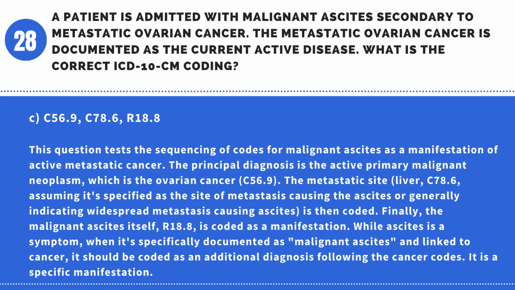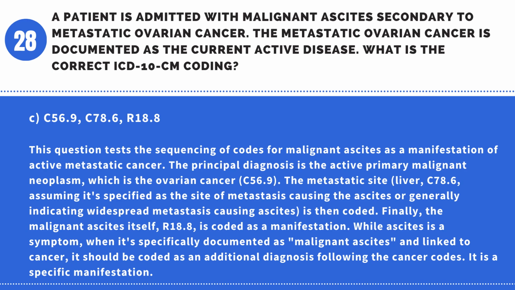C56.9, C78.6, R18.8. This question tests the sequencing of codes for malignant ascites as a manifestation of active metastatic cancer. The principal diagnosis is the active primary malignant neoplasm, which is the ovarian cancer, C56.9. The metastatic site, C78.6, assuming it's specified as the site of metastasis causing the ascites or generally indicating widespread metastasis causing ascites, is then coded.